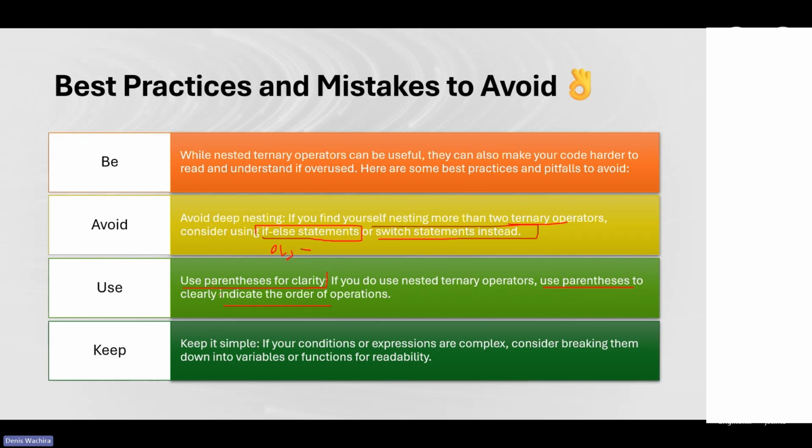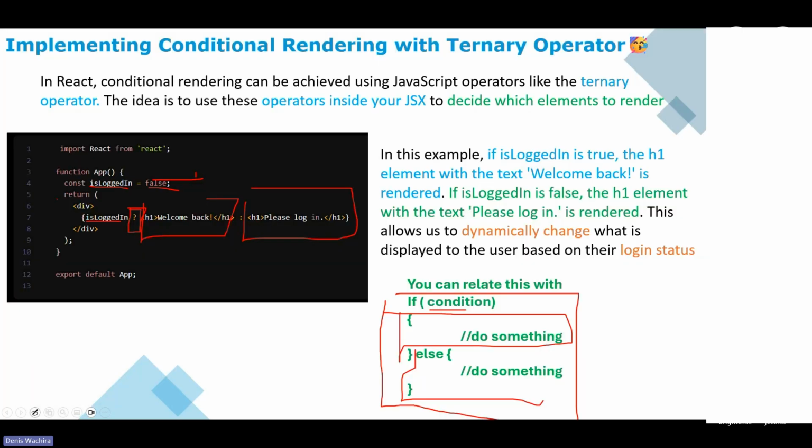So you see this when working with that ternary operator later. Then keep it simple. If your conditional expressions are more complex, consider breaking them down into variables and functions for readability.